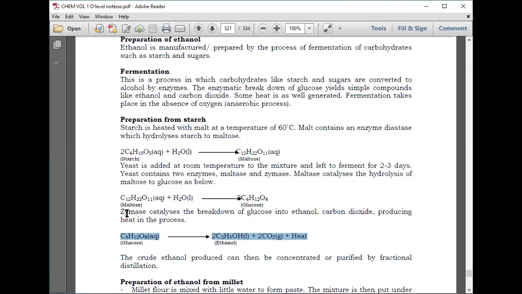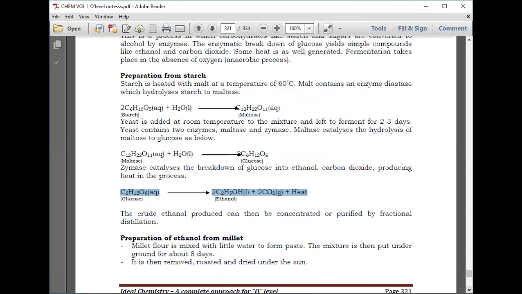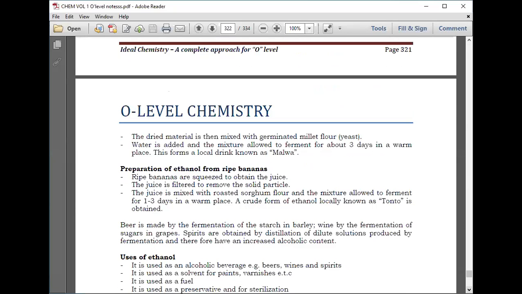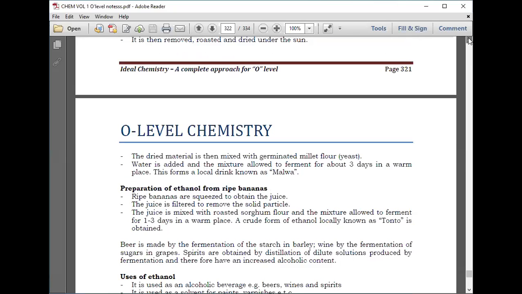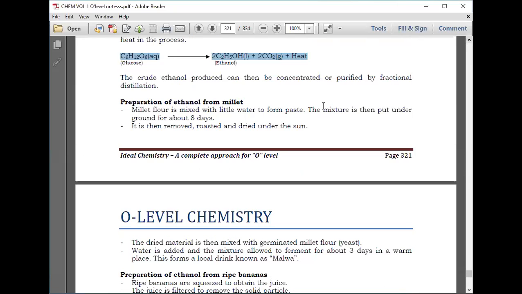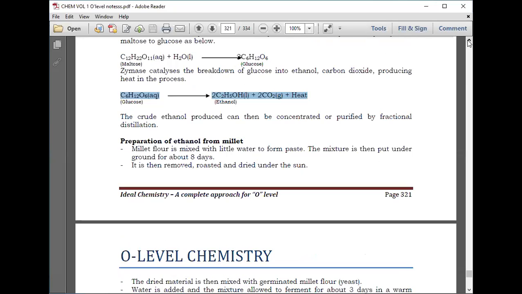So you can use one for your region, but ethanol can be prepared from millet and from bananas. You have the notes, and the procedures are here. That is what I want you to do for me. From bananas, it is also there, and from millet, it is also there, and it is what we shall be focusing on next time.